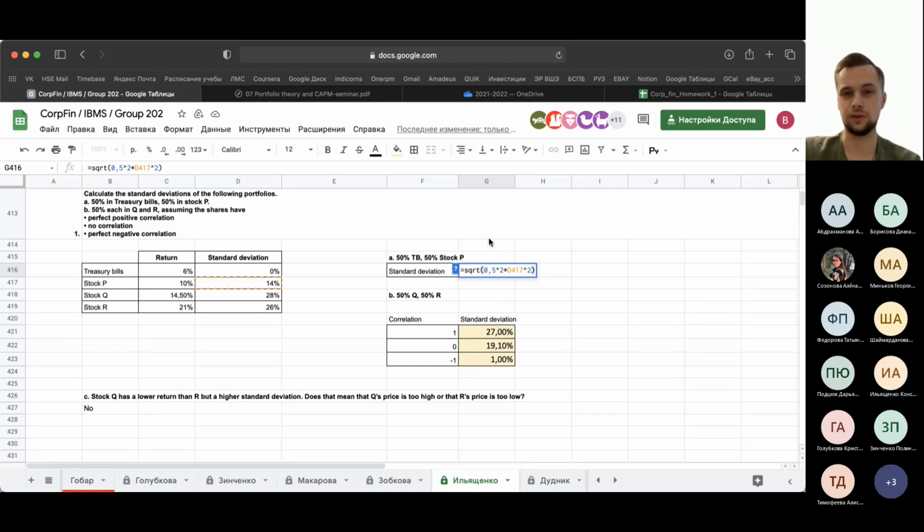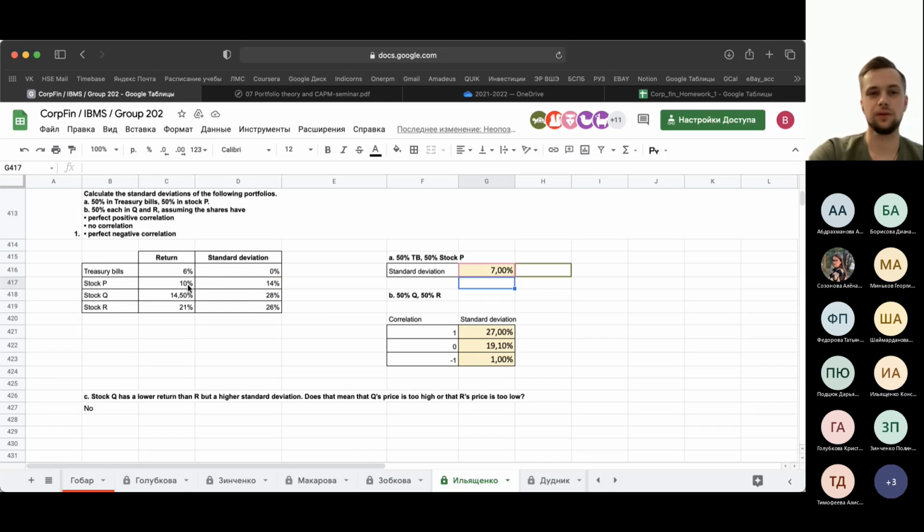Actually, we should take shares in squares. So 0.5 squared. And why do we take percents when we use standard deviation? Because of the visualization, or because it's easier? It is more understandable.